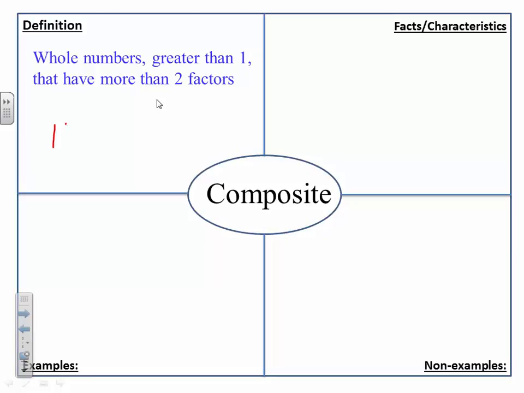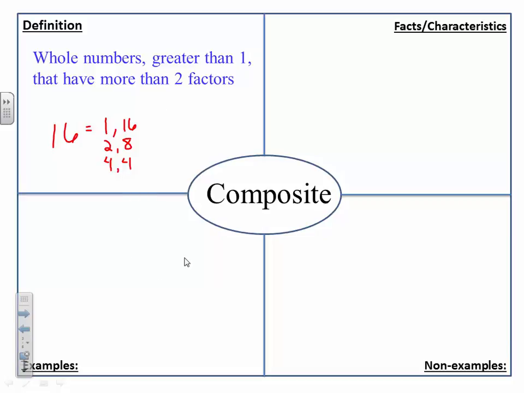If I said to you 16, 16 is composite because think about what goes into 16. You could say 1 times 16, 2 times 8, 4 times 4. So 16 would have 6 factors. So composite numbers are numbers that have more than 2 factors.